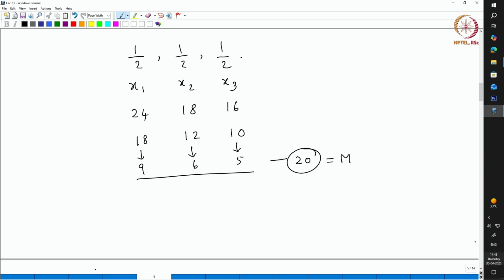When you choose half of object 1 and half of object 2 and half of object 3 and fill your knapsack, it fills. How much profit do you get? Half of 24 will be 12, half of 18 will be 9, and this will be 29. This is more than 27.